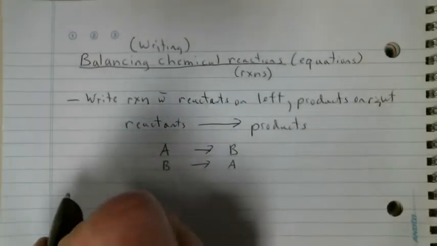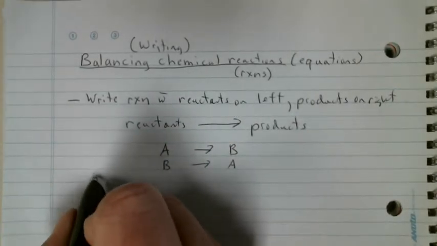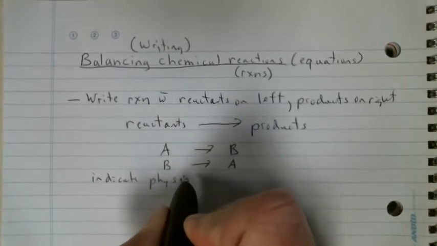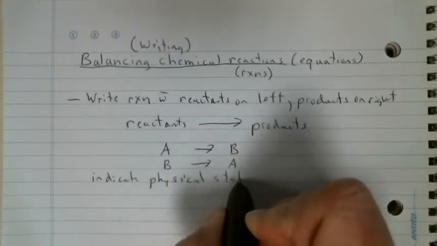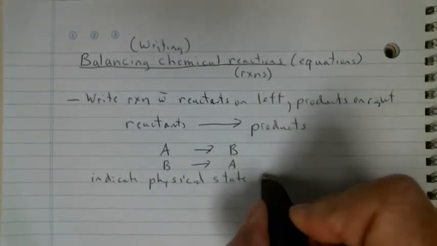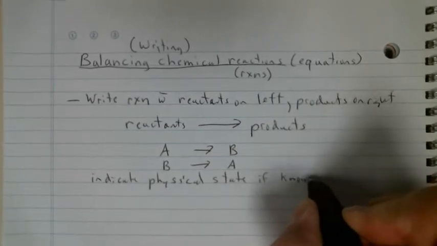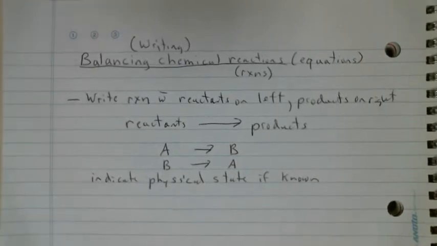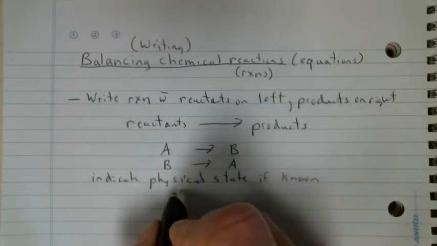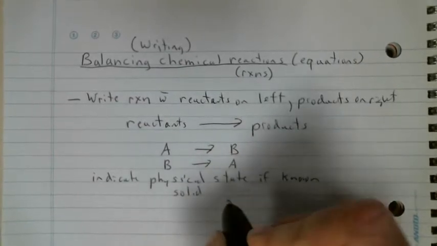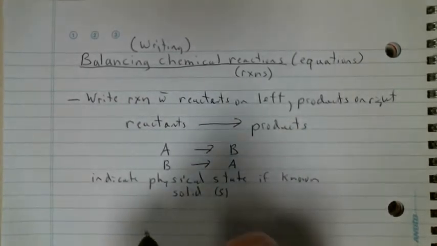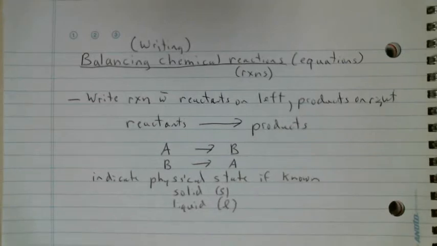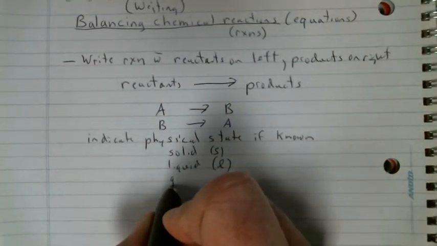And then when we write that, we're going to indicate the physical state. And that's if known. Sometimes we'll skip this step just to make it easier, a little less cumbersome, especially on WebAssign. But most of the time we're going to include it. And so the physical state abbreviation, it could be that it's a solid and we put an S. Could be that it's a liquid, so we put an L. Could be a gas.